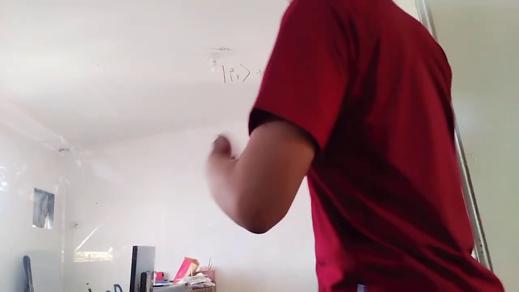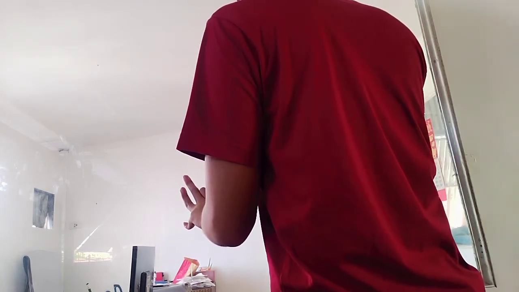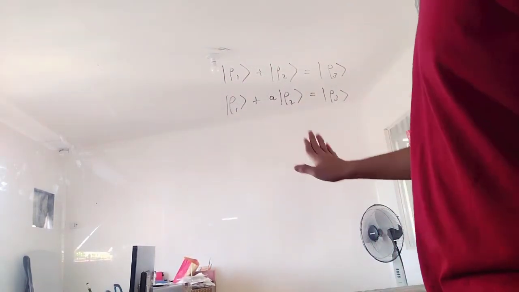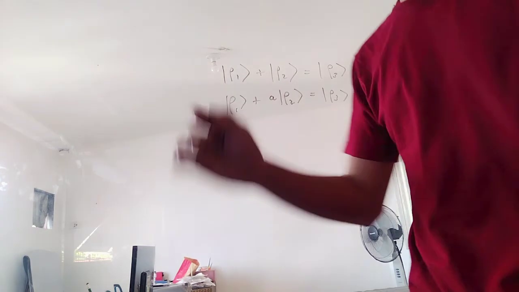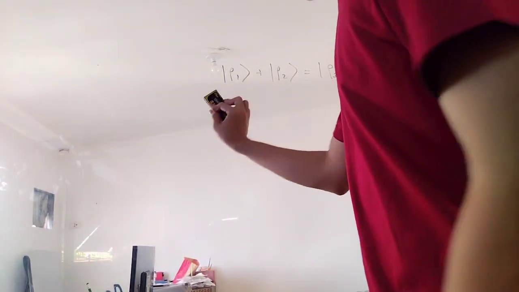Or so maybe some arbitrary constant a multiplied by rho 2 equals rho 3 plus rho 1. Something like that. We want to find the solutions to these kind of equations. That's what we want to do in the next video.